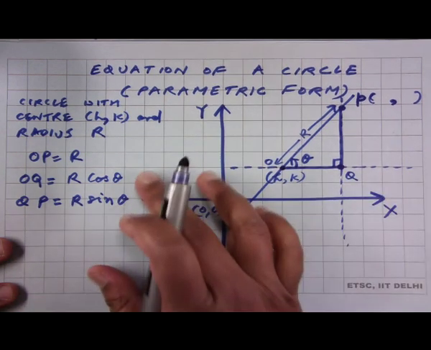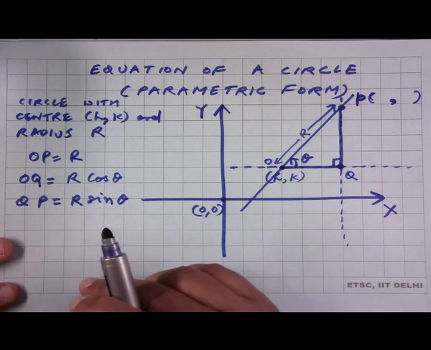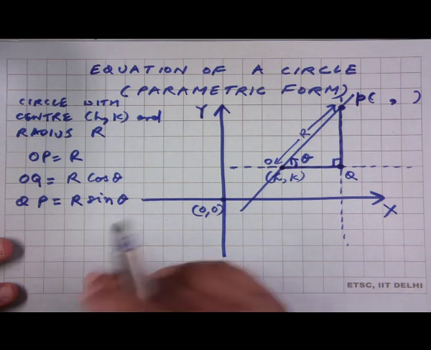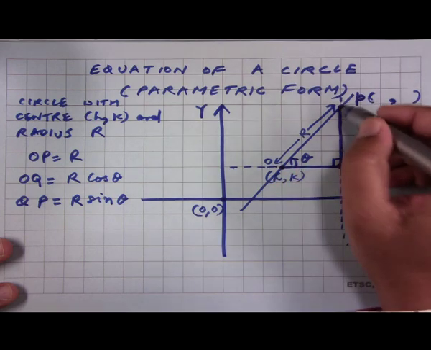Now, from this we should be able to find out the two coordinates of this point here, which lies on the circle.